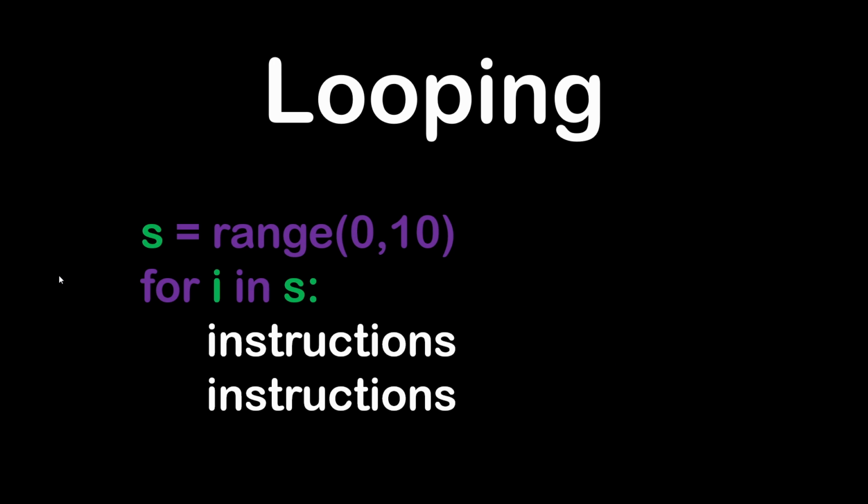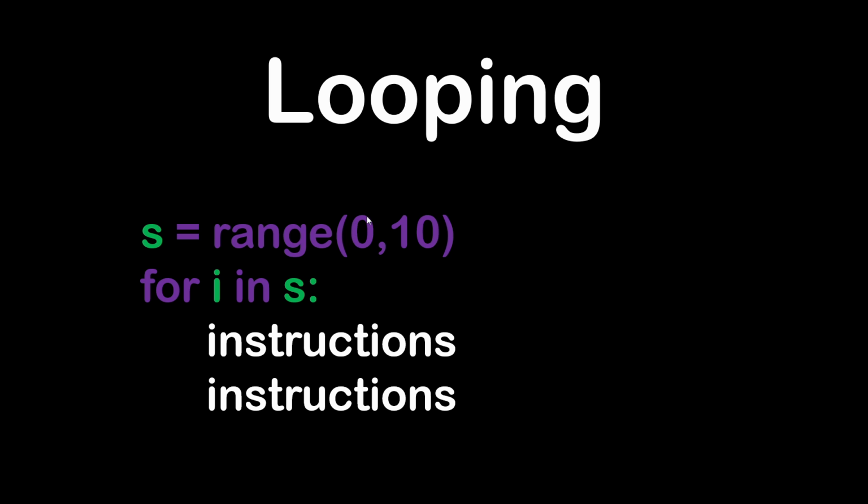We can also use the for statement to loop on numerical values. Let's consider, for example, the variable s here. It's equal to range. This is a built-in function from Python, and range is a function that takes 2 or 3 values.